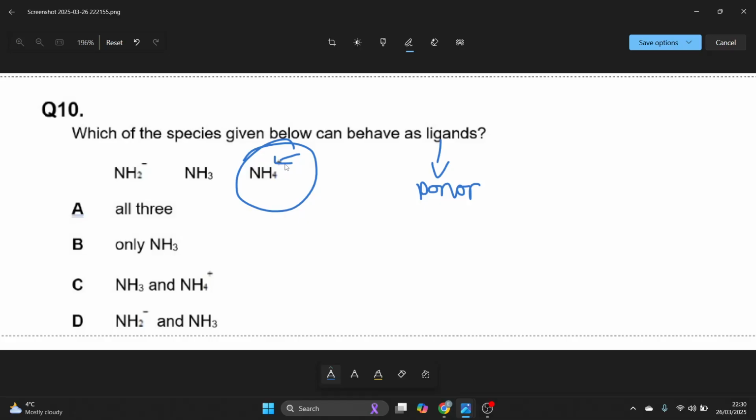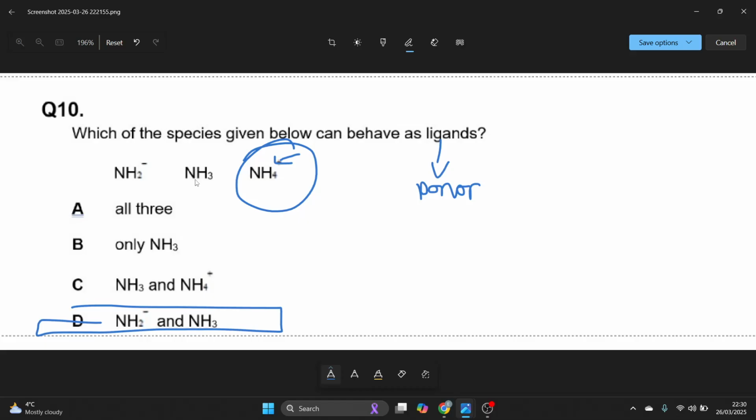So therefore it's going to be NH2 minus and NH3.